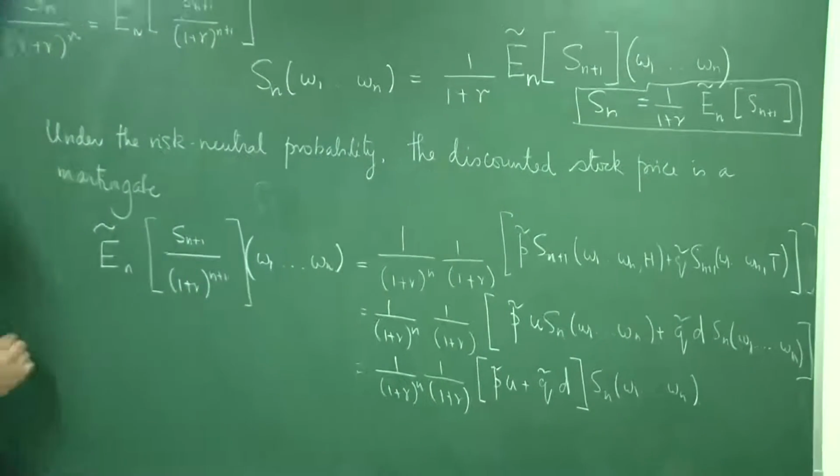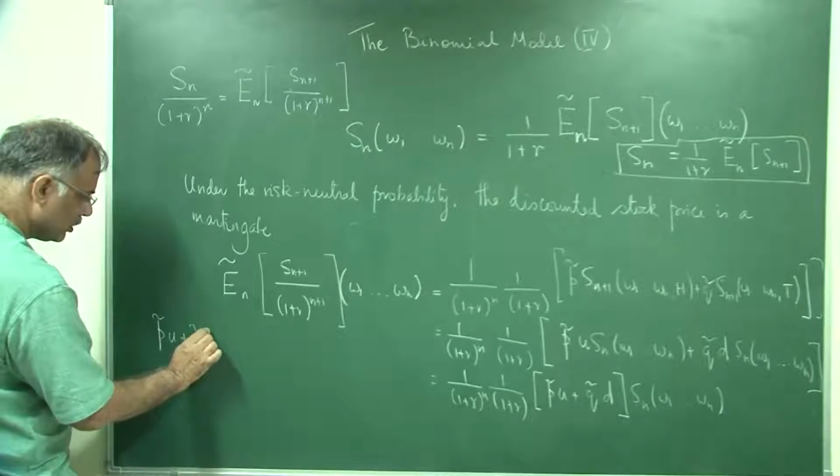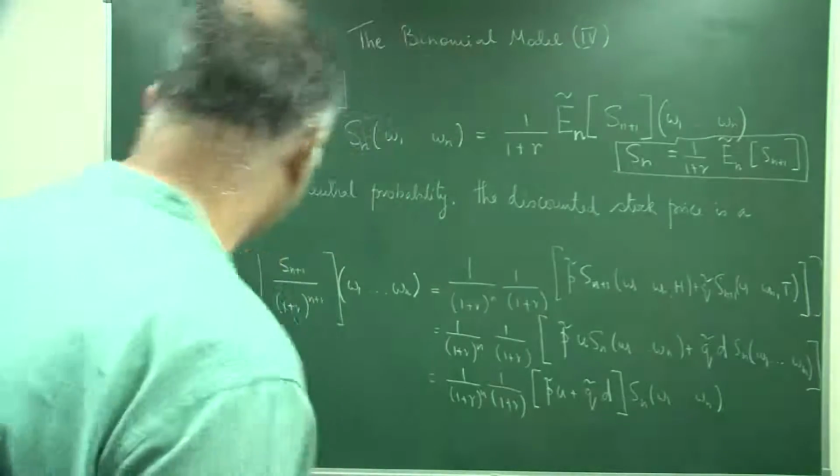So, now let me compute what is p tilde u plus q tilde d.